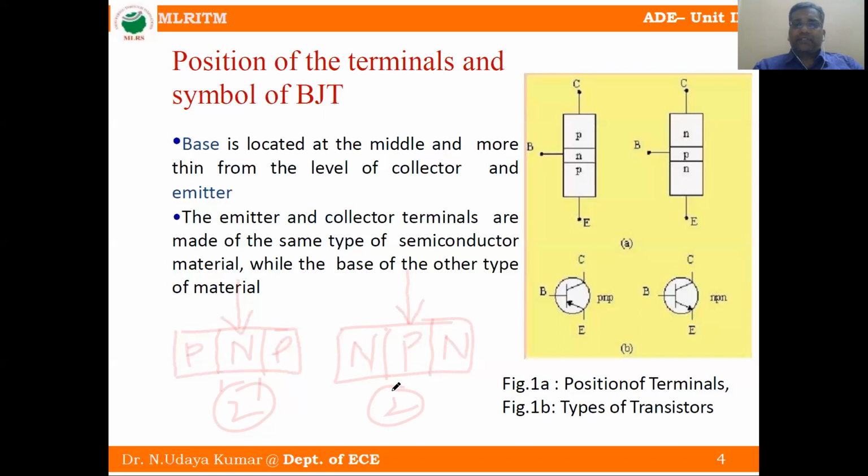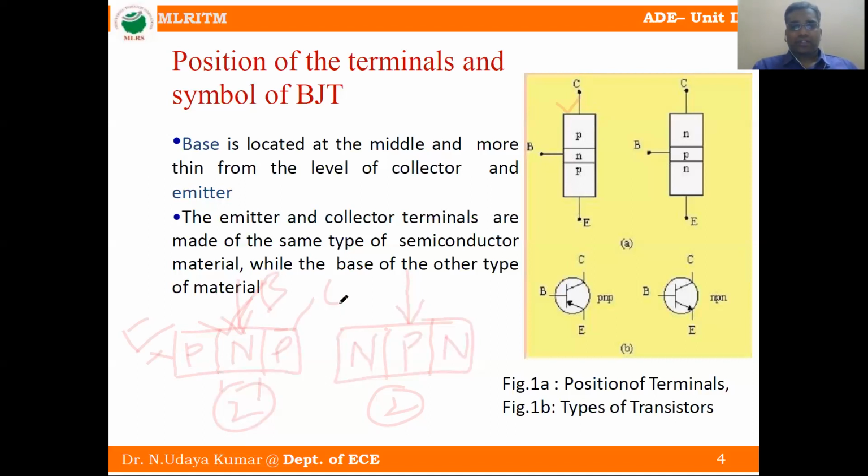Now I will explain. See these figures in vertical. This figure is similar to this one, PNP, just drawn vertically. These names: the first one is the emitter, P-type. The middle one is the base. The last one is the collector.